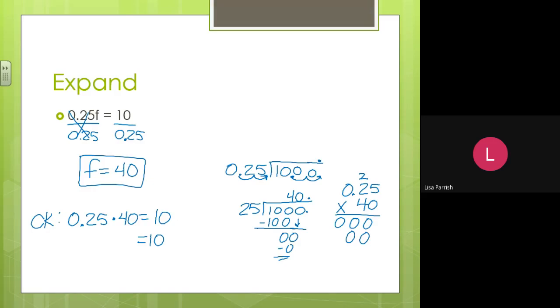Carry the 2. 4 times 2 is 8, plus 2 is 10. Carry the 1. 4 times 0 is 0, plus 1 is 1. Add that up. And remember, when you multiply decimals, we called it move out. I had to move the decimal out 2 places, so I move it in 2 places. So my answer is 10, so that checks out.